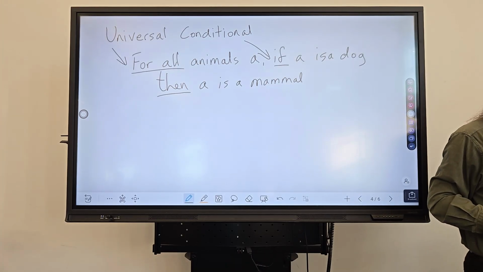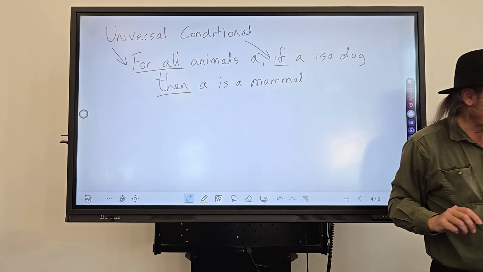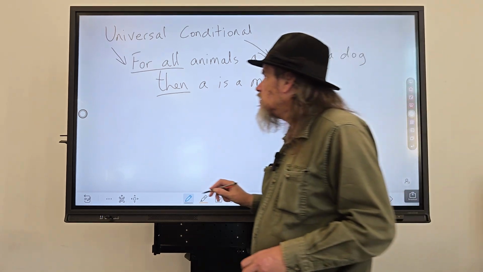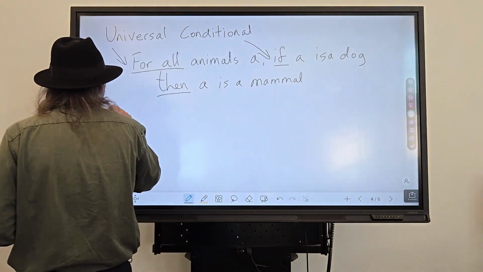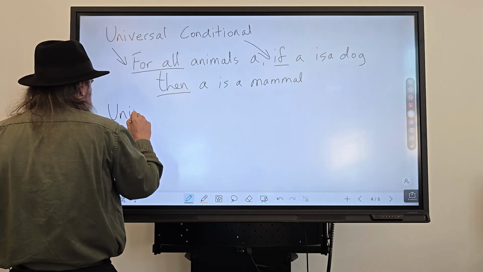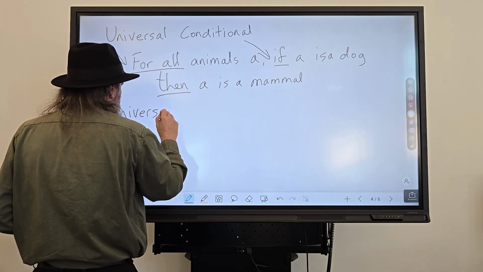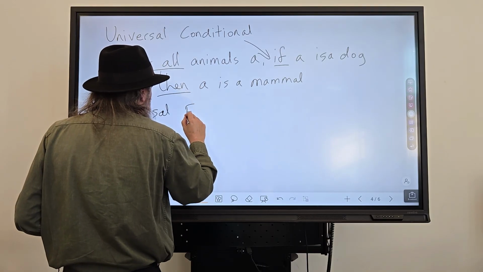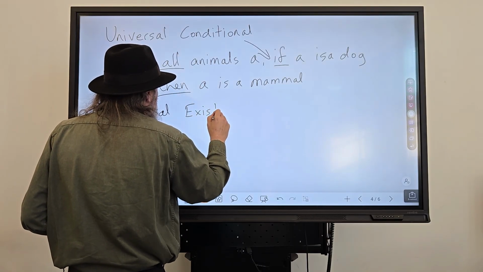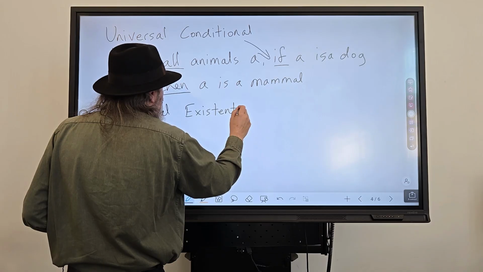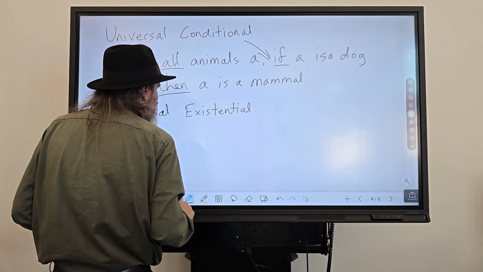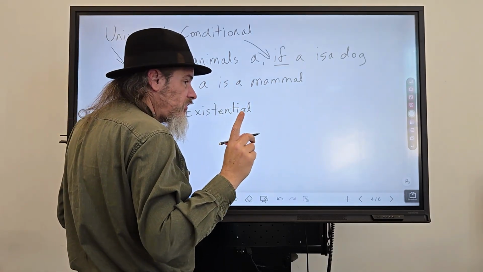The next kind of type is the universal existential statement. Has two parts.